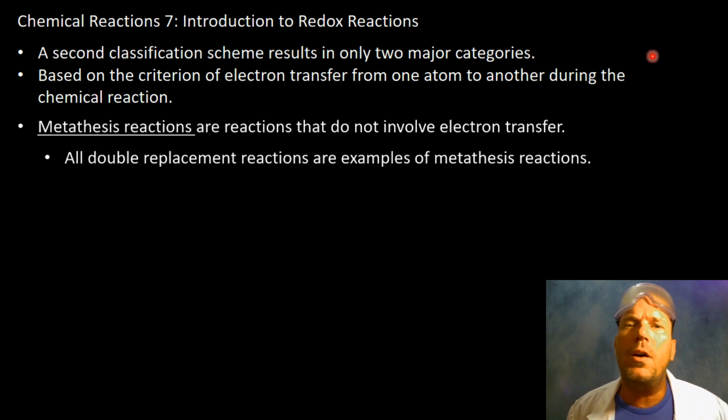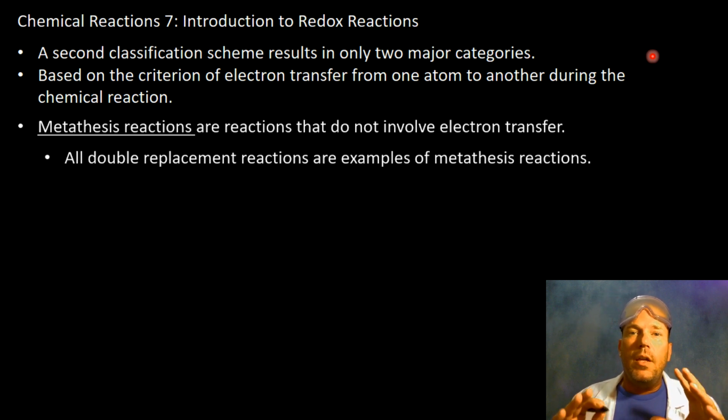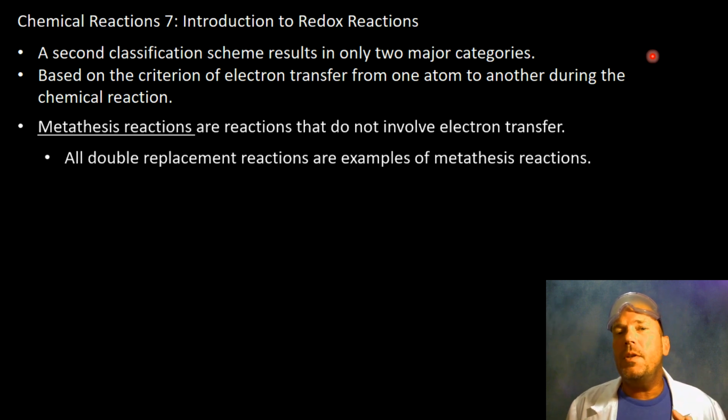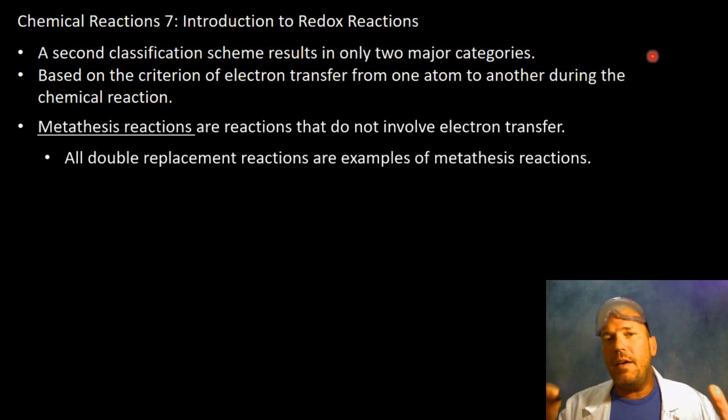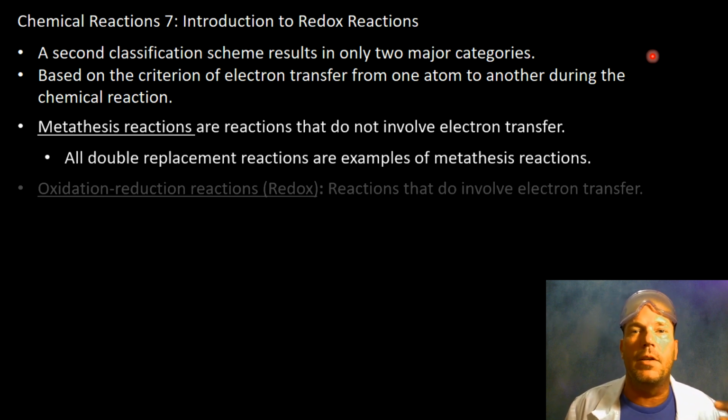And of course, we also talked about the evolution of gas with species that spontaneously decomposed, like carbonic acid. So after we've gone through the next several podcasts, I'm going to have you go back and look at some of this and put it all together. But metathesis is a fancy term for reactions that do not involve transference.